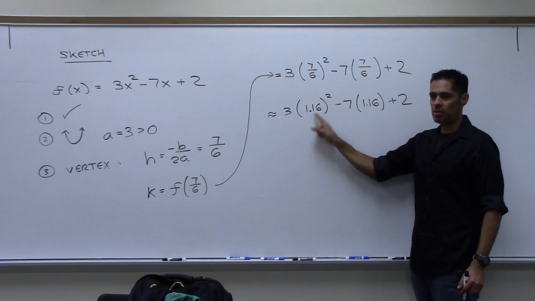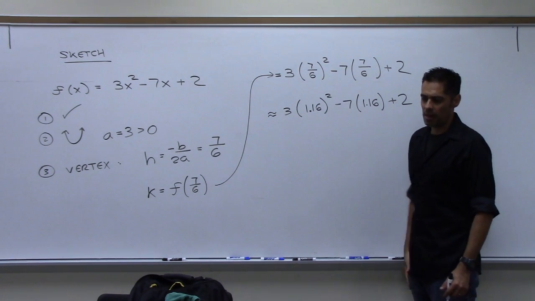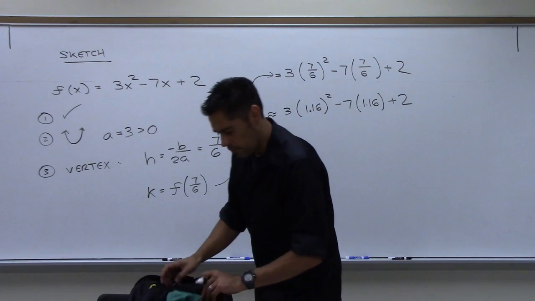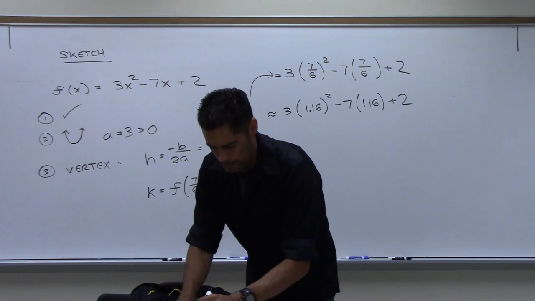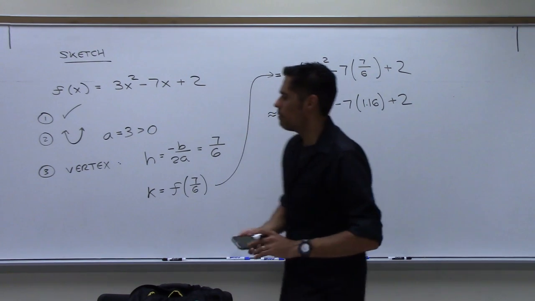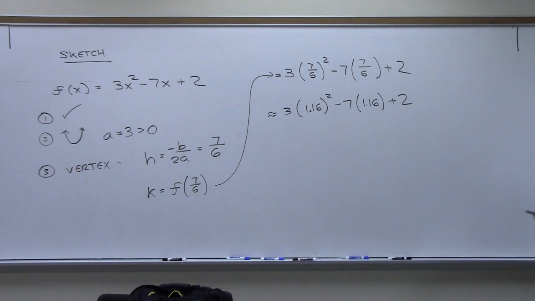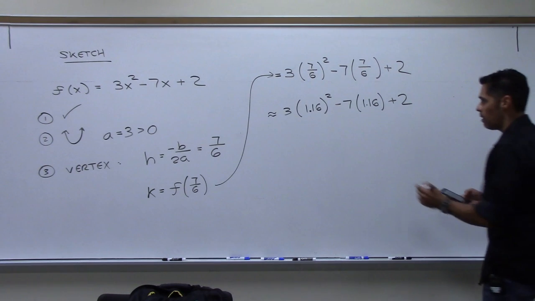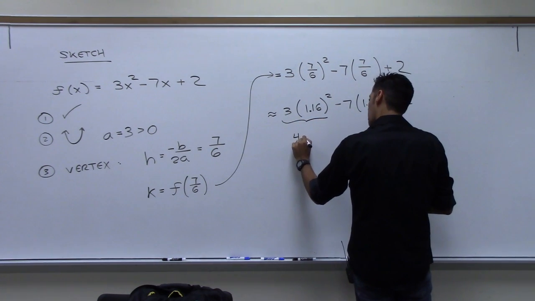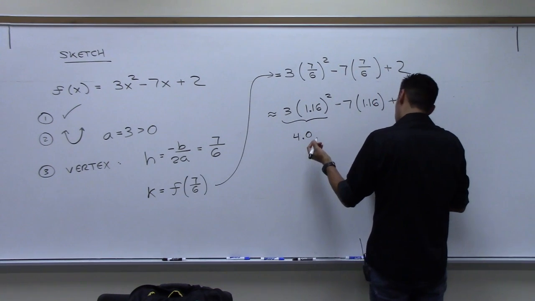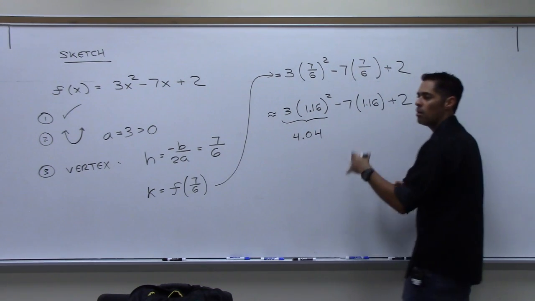Square this guy first, and then multiply it times 3. When I do this part right here, I get 4.0368.